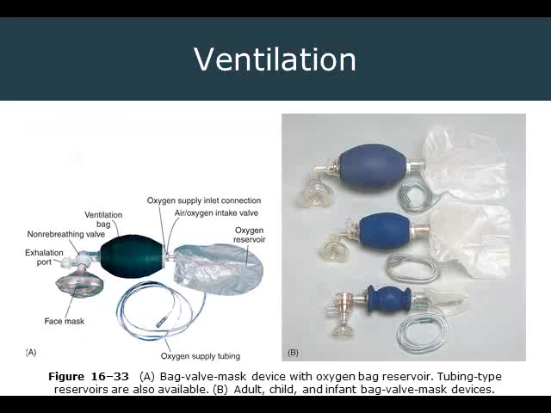The simplest and probably more recommended device in the field setting is the bag mask device, or the bag valve mask. The bag valve mask has obviously a number of parts to it. We have exhalation ports, non-breathing valves, face masks, the actual reinflating bag itself, or re-expanding bag, oxygen inlets and reservoirs, and so on and so forth. And it shows an example of different sizes.